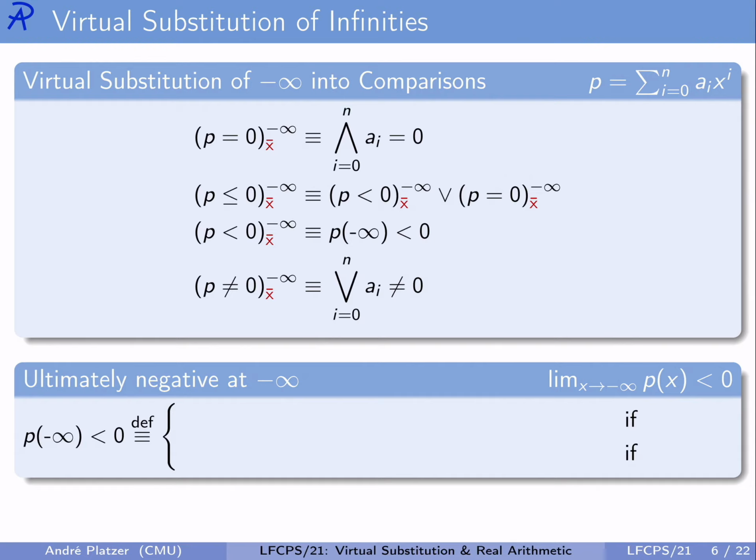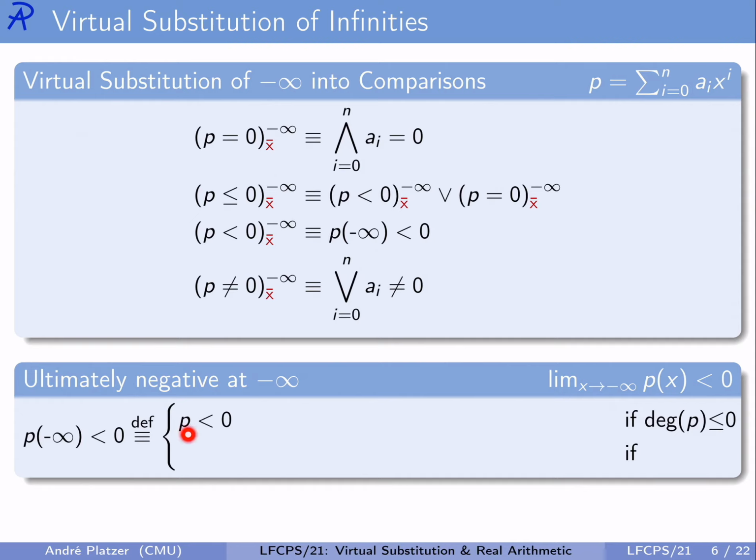So the easiest case, I guess, is if the polynomial is a very simple polynomial because it's a constant, right? So if the degree is less or equal 0, it should be easy. So how do we know whether the polynomial is going to be ultimately negative at minus infinity for a polynomial that really doesn't actually depend on x? Well, we just write it down itself, right?